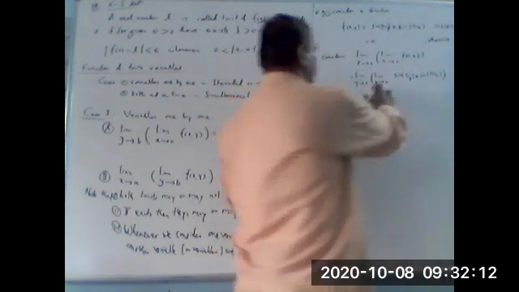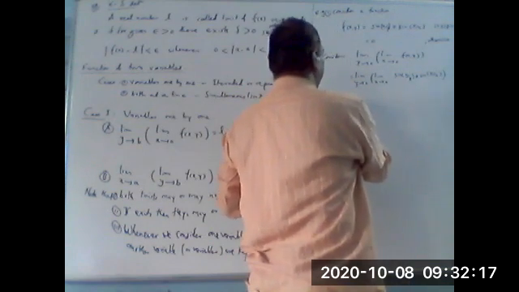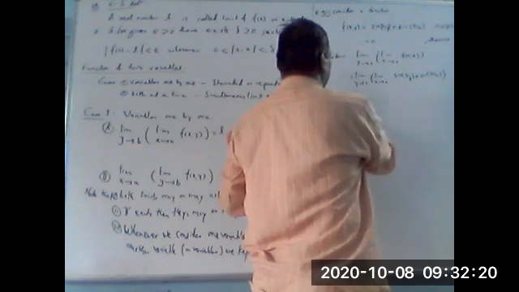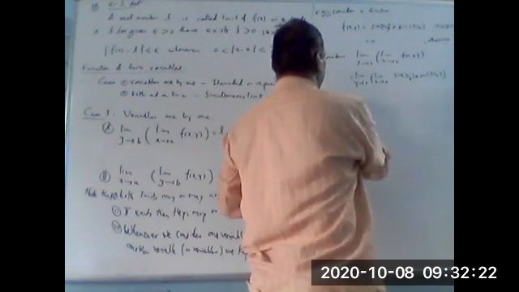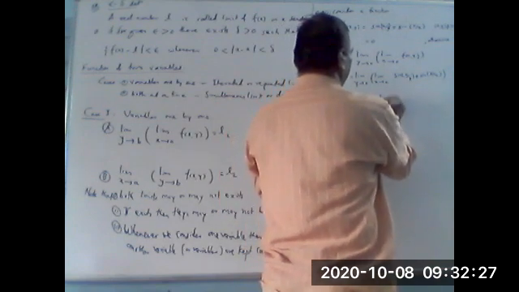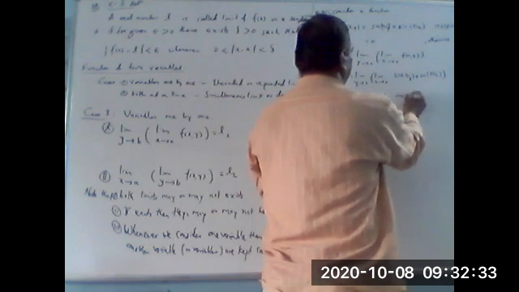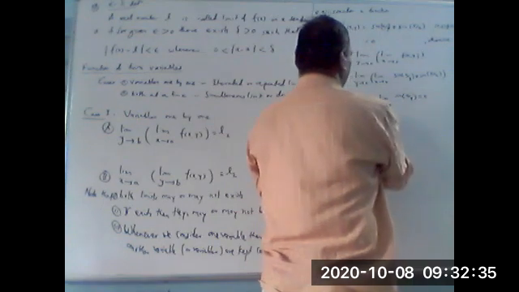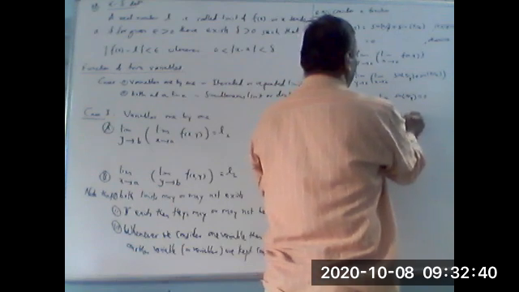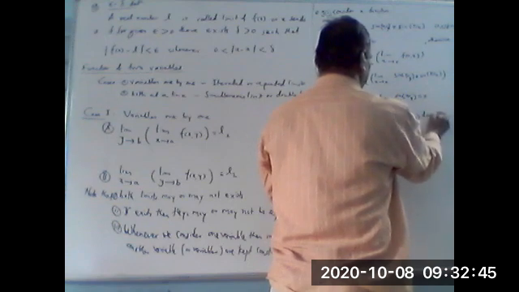We'll see here what will happen whenever x tends to 0. When x tends to 0, limit of sine of x by y is equal to 0, and limit x tends to 0 of sine of y by x does not exist.